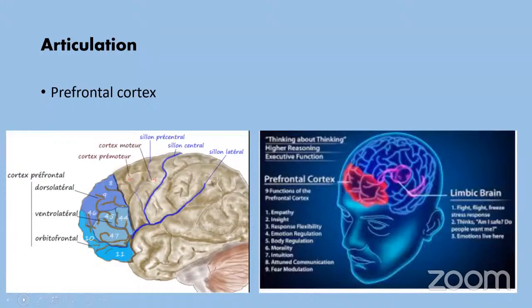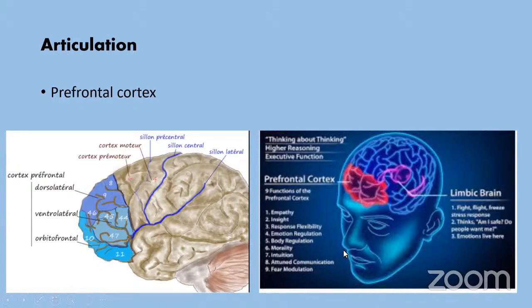The articulation is especially the function of the frontal lobe and inferior frontal gyrus, and these areas which I have been emphasizing are very, very important. And to re-emphasize, I have shown this. This prefrontal cortex is connected to the limbic area also to add the emotional component to the language.